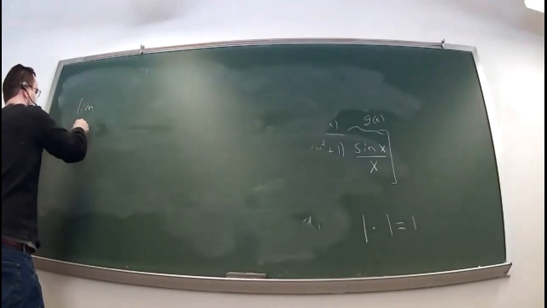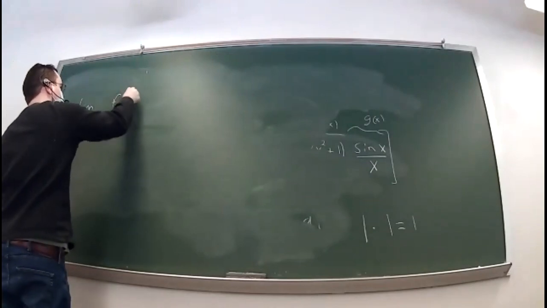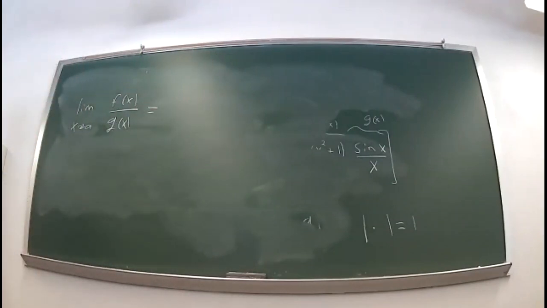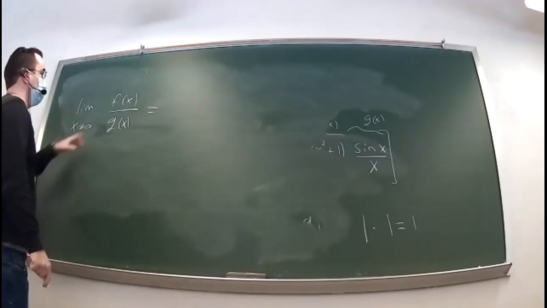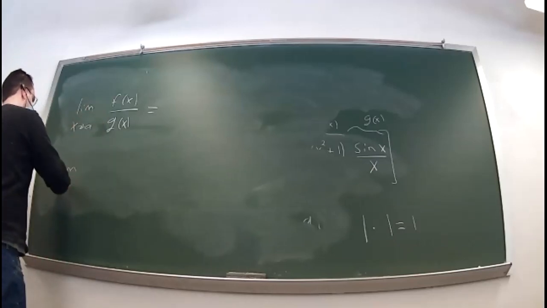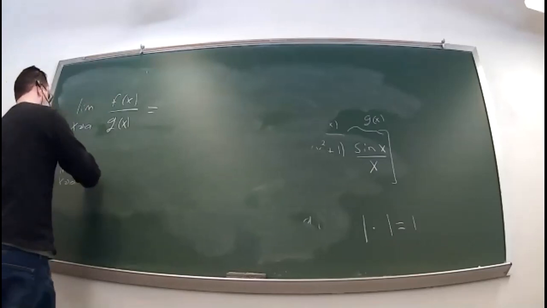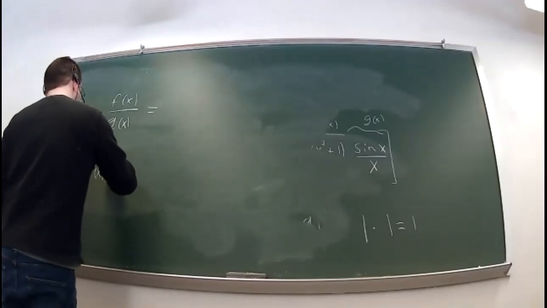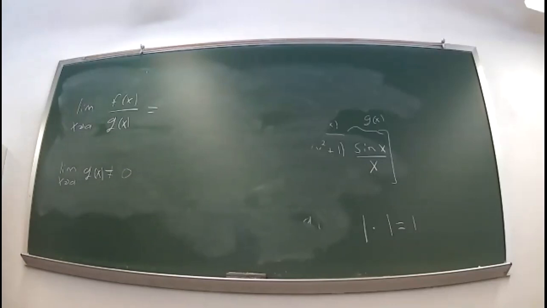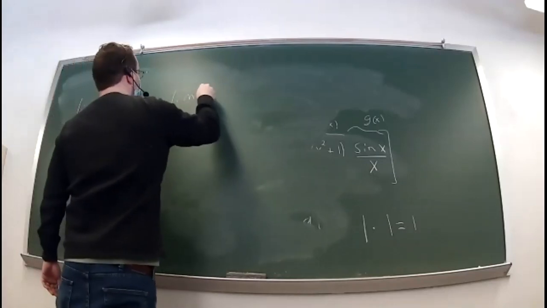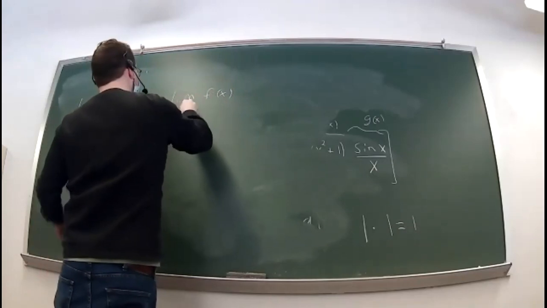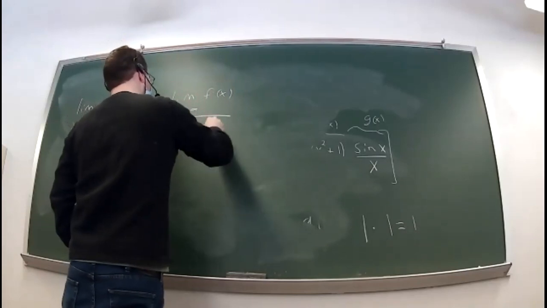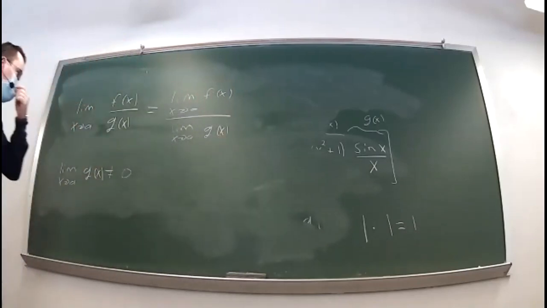But as an example, take the limit as x goes to a of f of x over g of x. If it's true that the limit of f of x exists, and if you know that the limit as x goes to a of g of x exists and is not equal to 0, then you can say this is the limit of f of x as x goes to a over the limit of g of x as x goes to a.